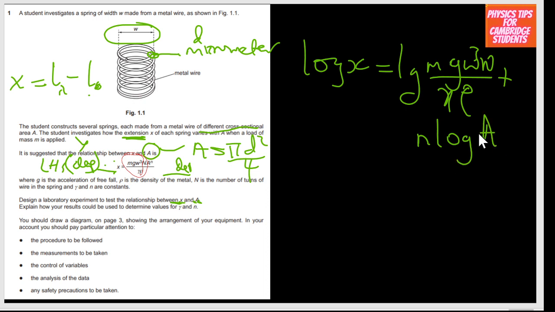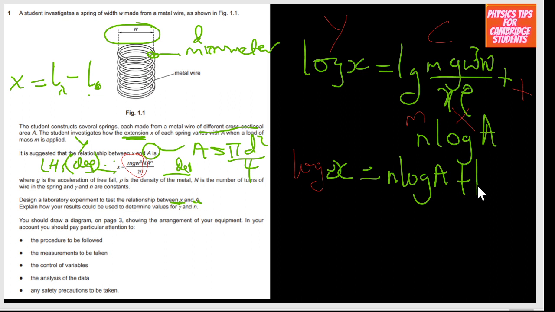Now in the form y is equal to mx plus c, so as you can see, we can rewrite it. Okay, so that's what you then do.